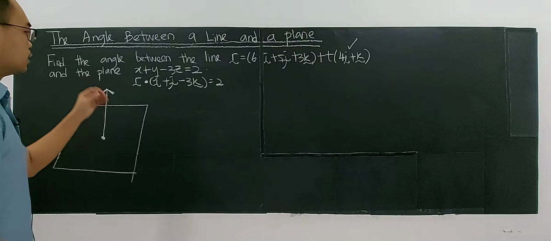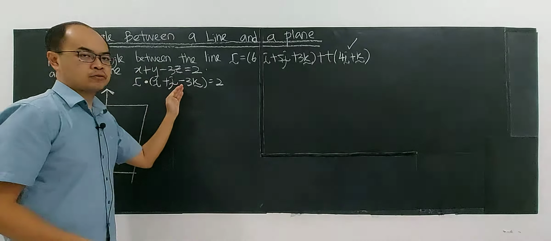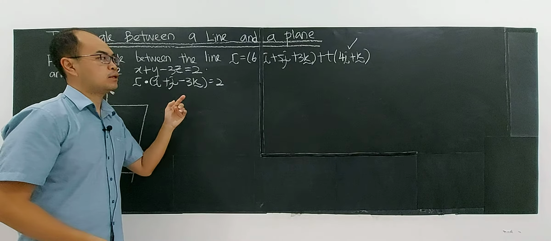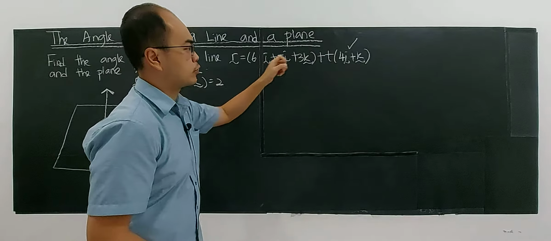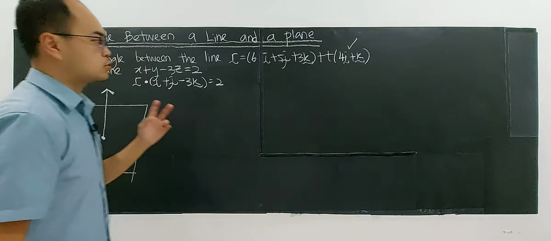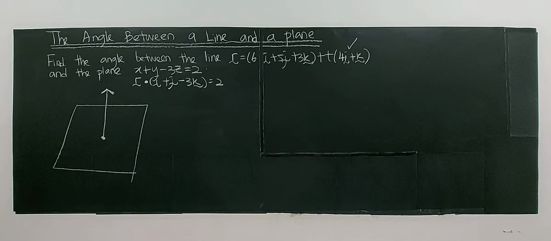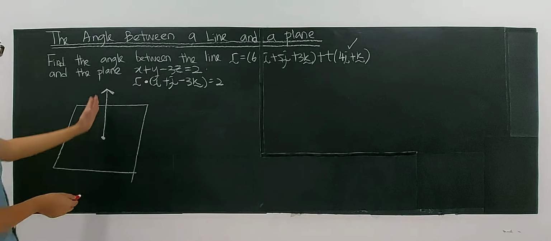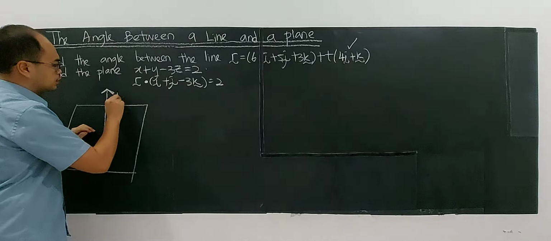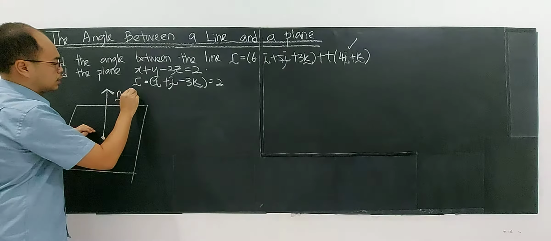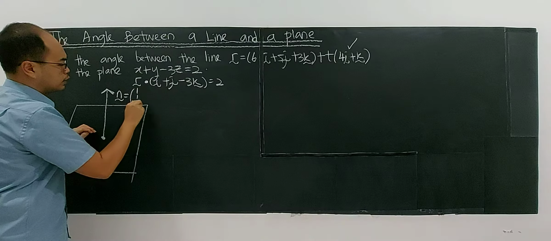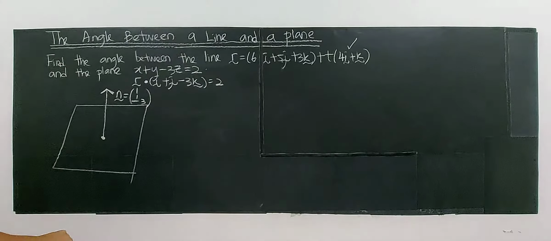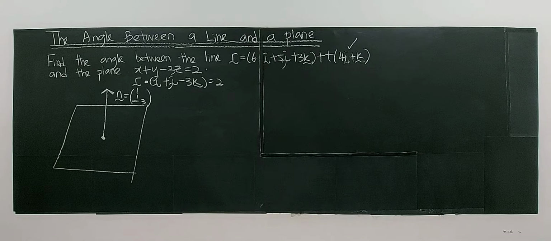So for a plane, I have to get the normal vector, and for the line I have to get the direction vector, as these two vectors will identify the angle between the line and the plane. Now the normal vector for this plane is 1, 1, negative 3.